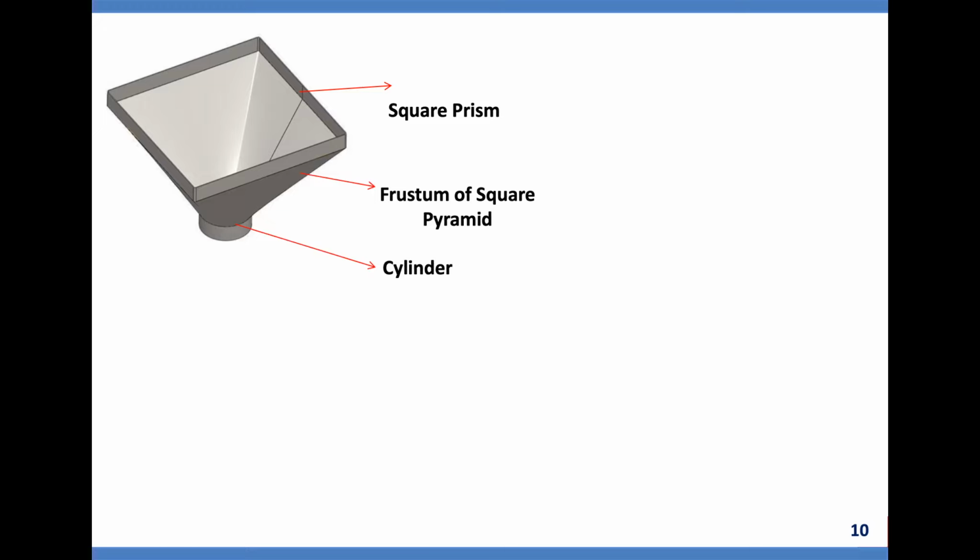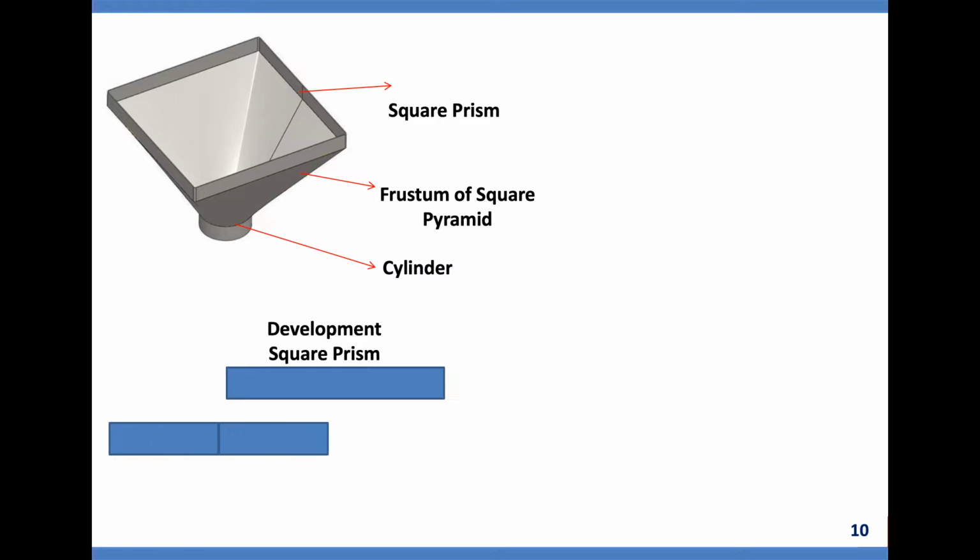We will see how it is fabricated or how it is done. First, let me take square prism, which we call development of square prism. Yes. Square means it has four faces: 1, 2, 3, 4. You can see in the picture 1, 2, 3, 4. I'll point my cursor.